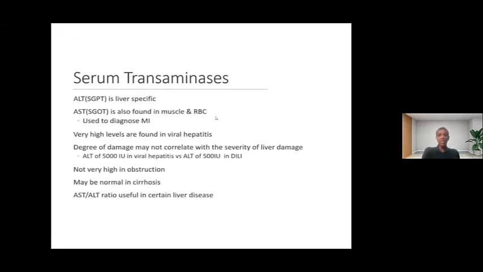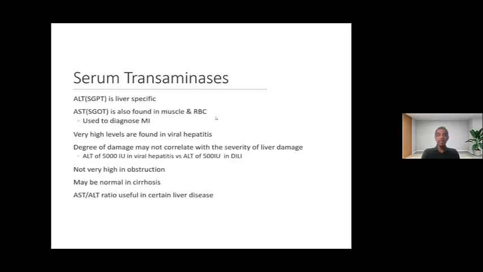So a few words about the serum transaminases. As I told you earlier, SGPT, ALT is liver specific. SGOT is also found in muscles and RBC. So it was considered to diagnose MI in the past. Very high levels we can see if the patient has got any viral hepatitis.